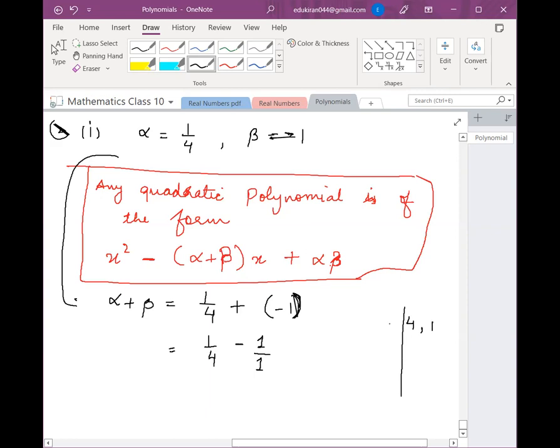Start with 2 because 4 is a multiple of 2. So 2 into 2 and this 1 will remain. Now 2 into 1 and 1 will remain. You continue till you get all 1s. So LCM is 2 into 2, which is equal to 4. So the LCM is 4.